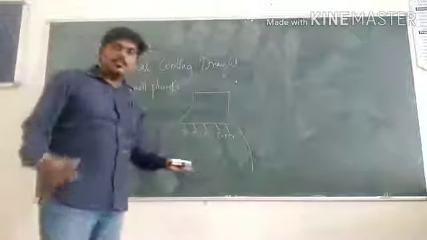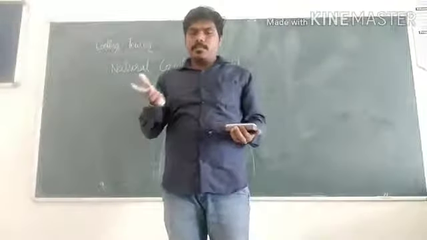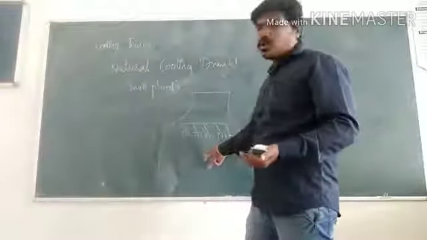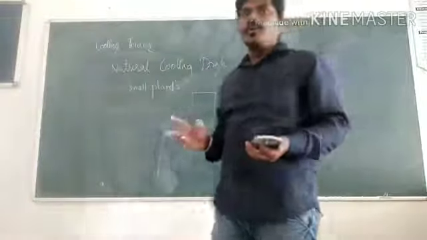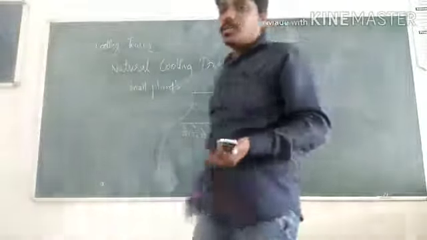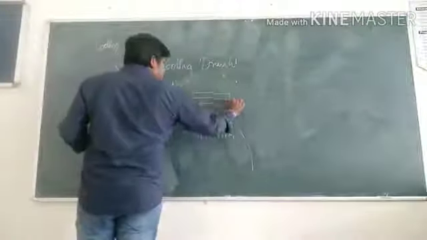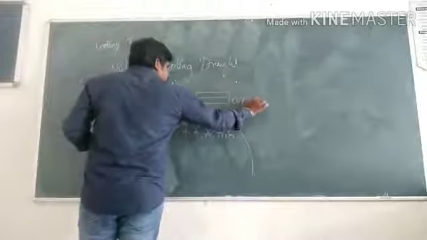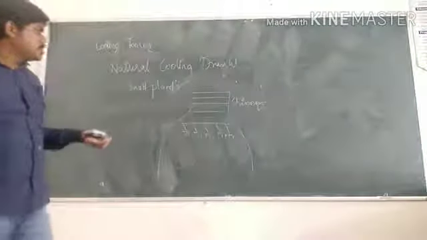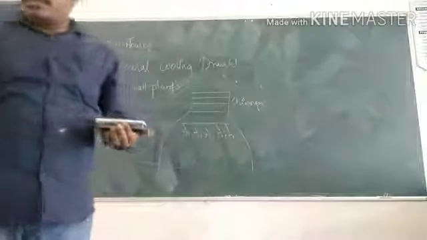After passing from the condenser, the condensed water is passed to the cooling tower, in which the water is cooled to a normal temperature with the help of the sprayer arrangements. And here is a chimney. So this is a small natural cooling tower; naturally the water is circulated here.